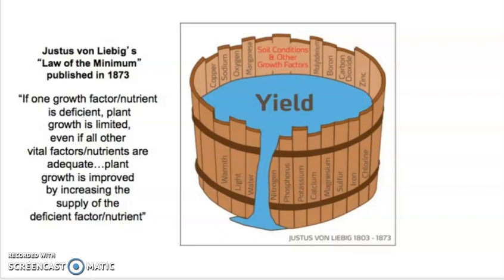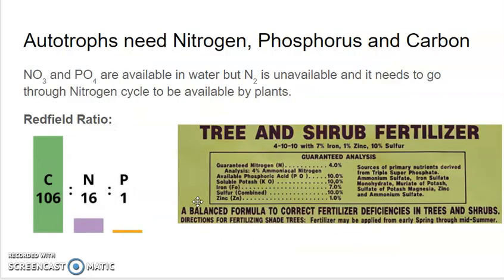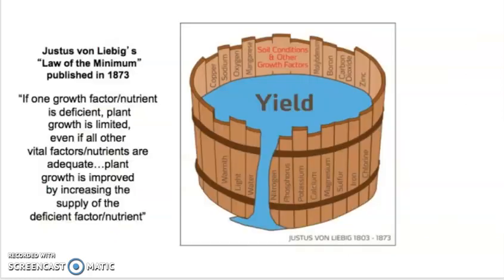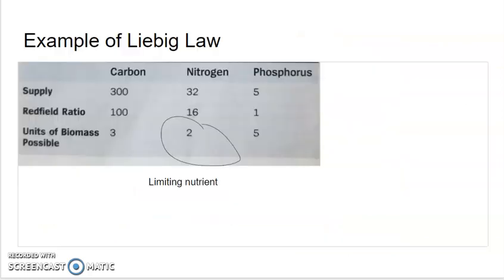So in order to improve it, that is why we are using all these fertilizers for plant growth. I want to explain this with an example here. Suppose a plant needs 100 units of carbon, 16 units of nitrogen, and 1 unit of phosphorus.